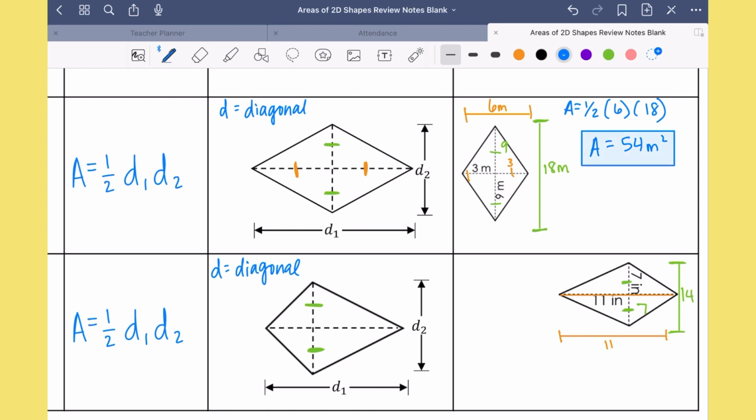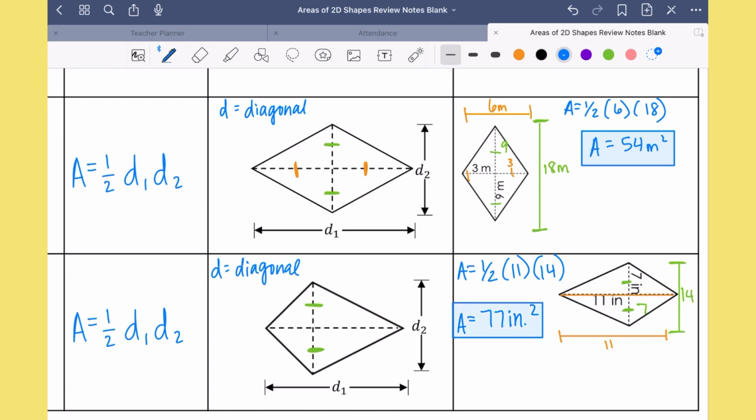All right, now the kite, 1/2 times the first diagonal, which is 11, times the other diagonal, which is 14. So 11 times 14 times 1/2 is going to be 77 inches squared. That is the area for that kite.